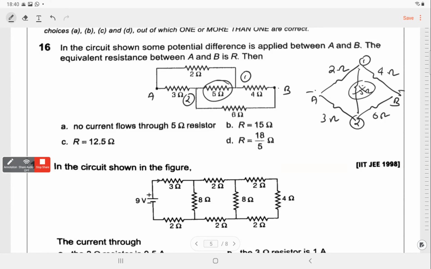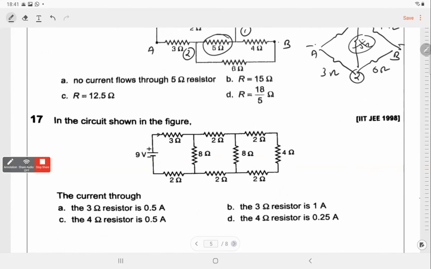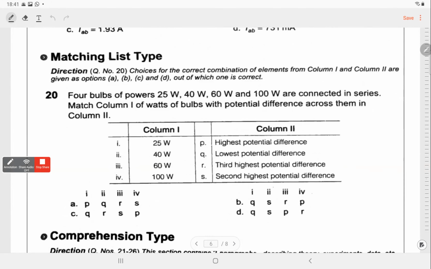Right. Okay. Perfect. So हम आगे भी कंटिन्यू रखते हैं.